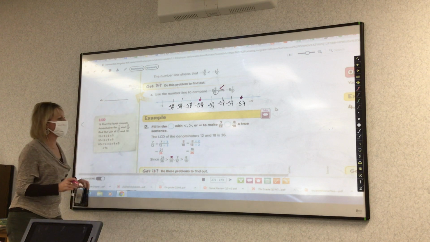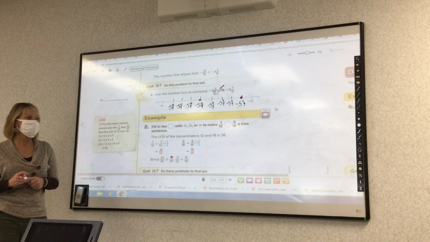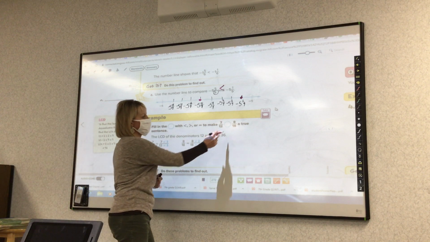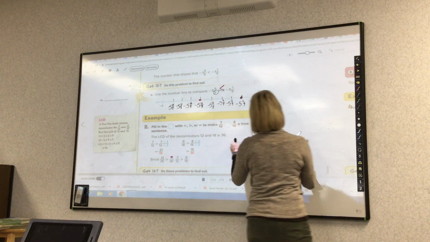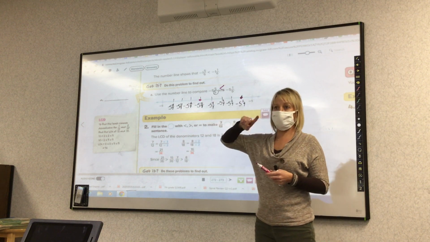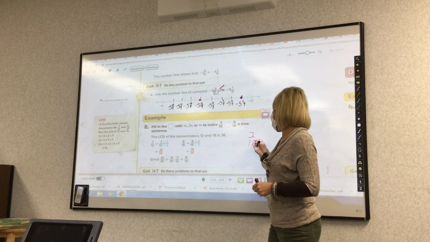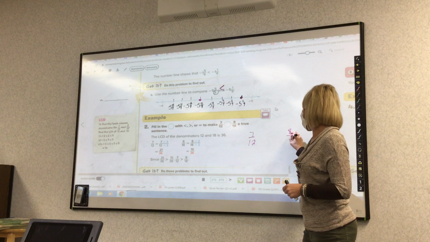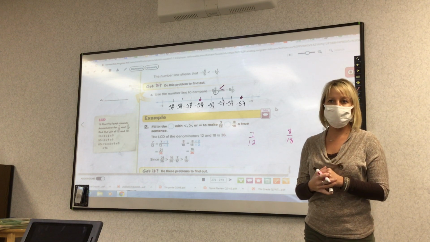Our next example does not have a number line. So I'm comparing 7/12 and 8/18. I want you to rewrite those two fractions over here. I know they give you the answer here, but I'm going to show you something. So if I have 7/12 and 8/18, you have to find a common denominator, correct?